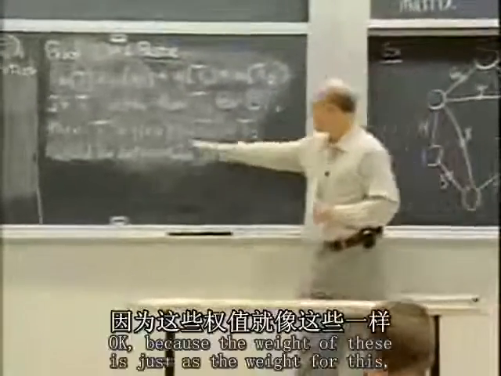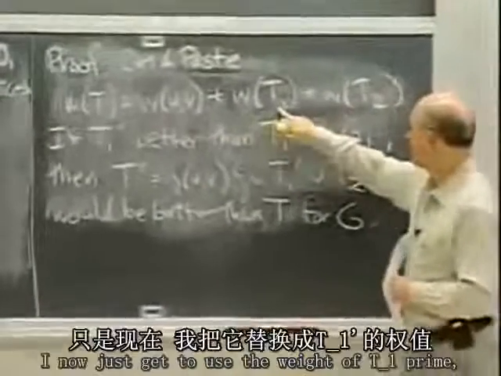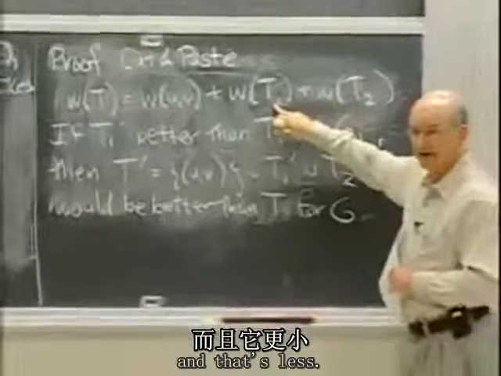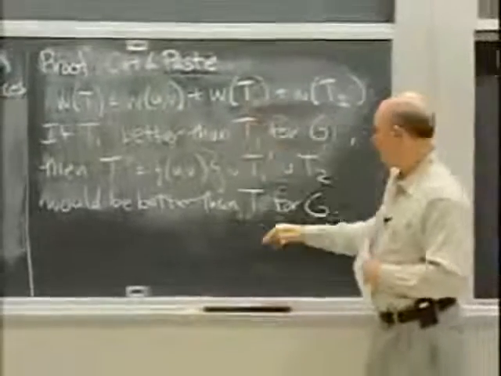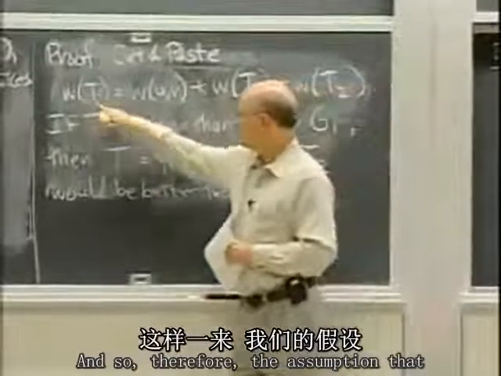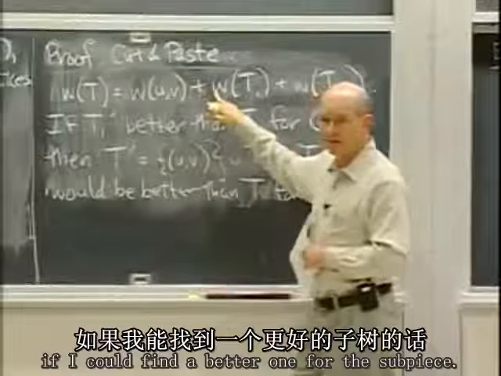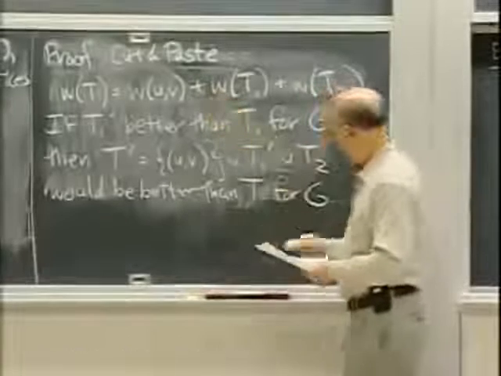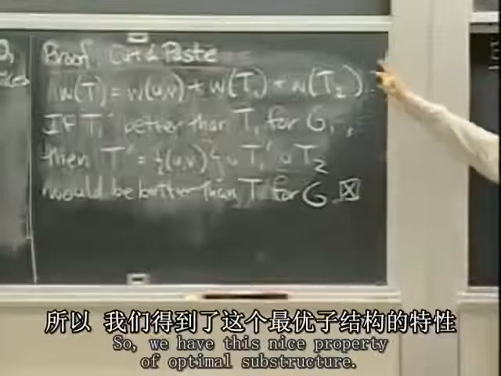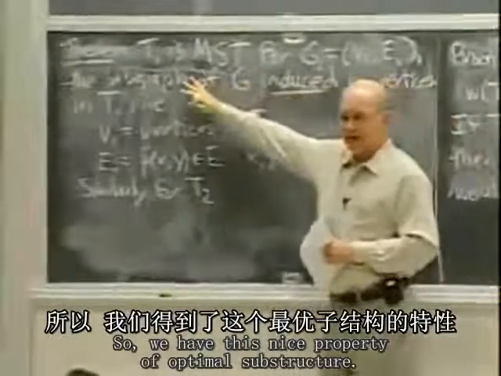Okay, because the weight of these is just as the weight for this. I now just get to use the weight of T1 prime, and that's less. Okay? And so therefore, the assumption that T was a minimum spanning tree would be violated if I could find a better one for the subpiece. Okay? So we have this nice property of optimal substructure.